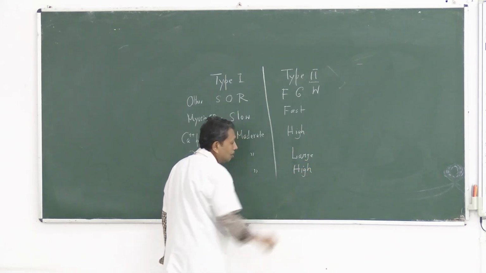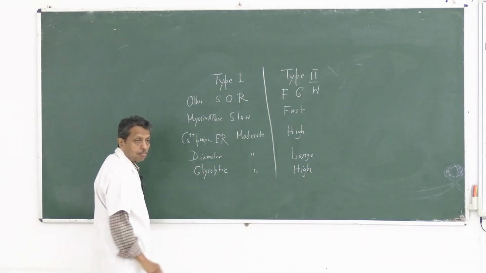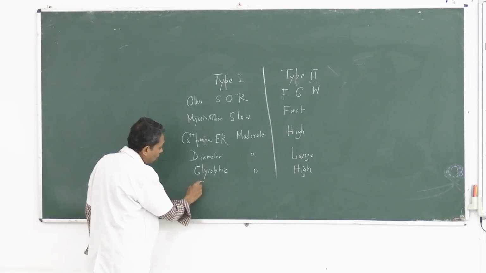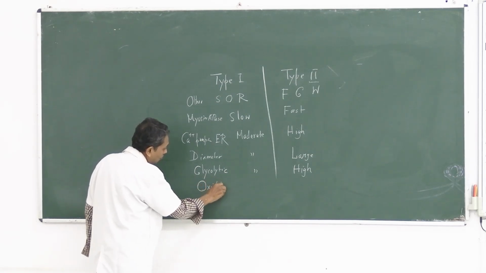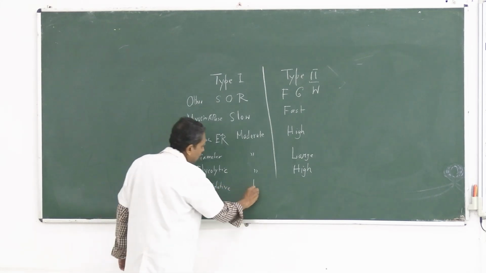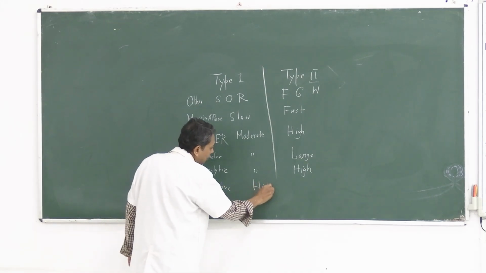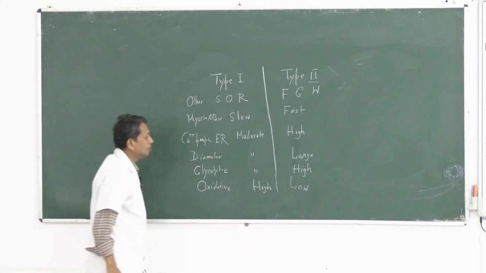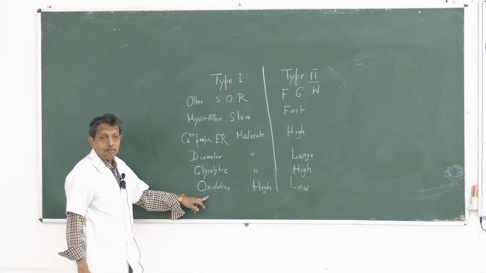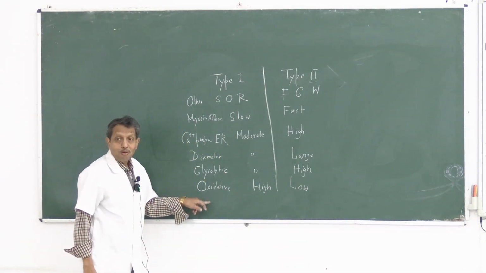Glycolysis. Oxidative capacity: it is high and it is low. Clear? Oxidative capacity, oxidation.